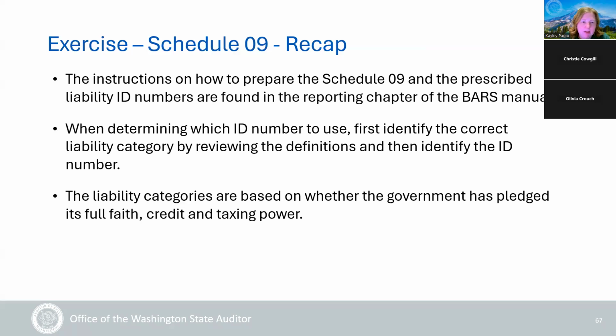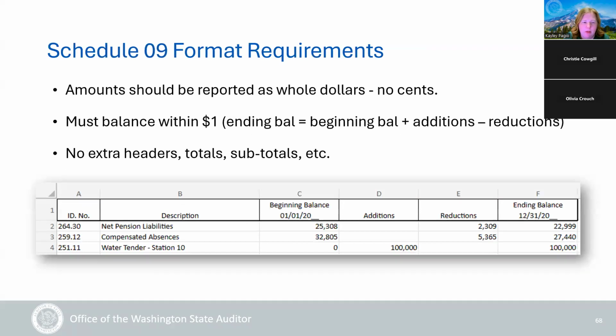As we wrap up the Schedule 09 section, we're going to talk briefly about the template and how to prepare it, because now we know where to find that accounting guidance and reporting instructions, and now it's time to fill out the template. This is an example of the Schedule 09 template. As you can see, we're not altering the basic format.